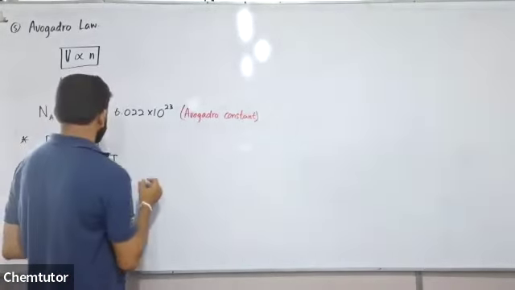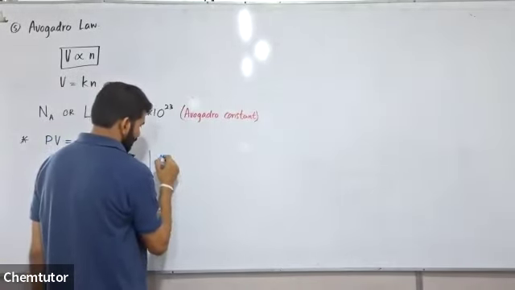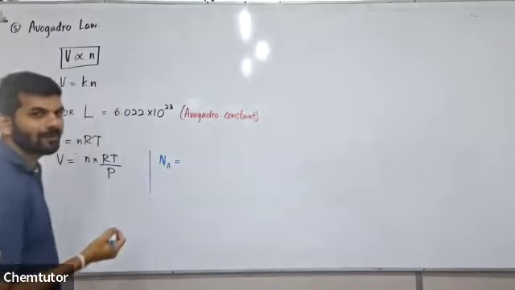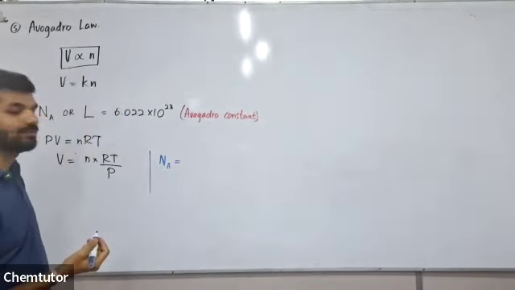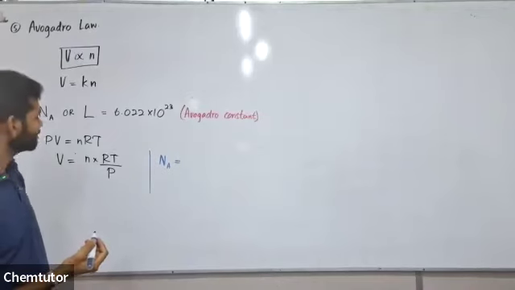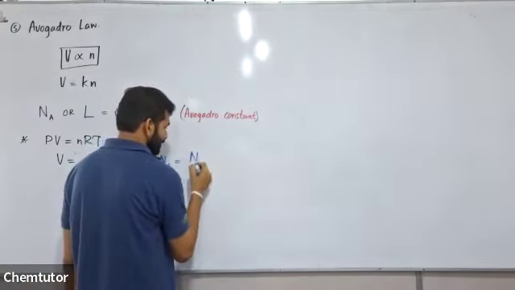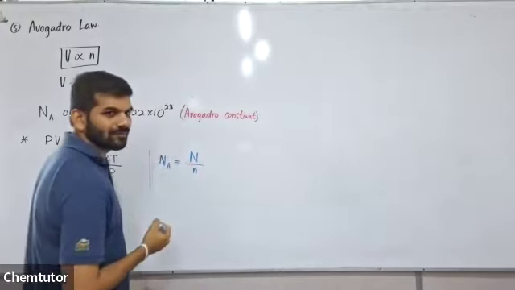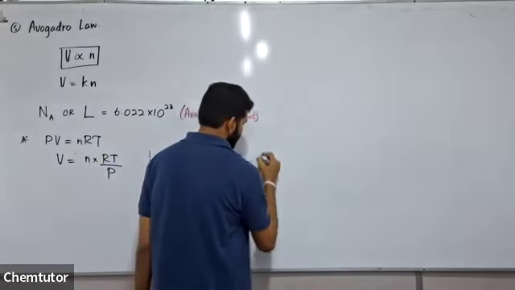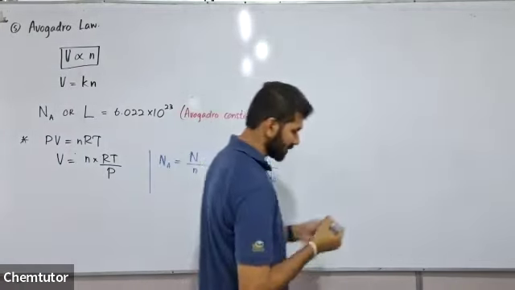So therefore, we can write it like this. Avogadro number equals number of molecules divided by number of moles. Or else you can say number of moles equals number of molecules divided by the Avogadro constant.